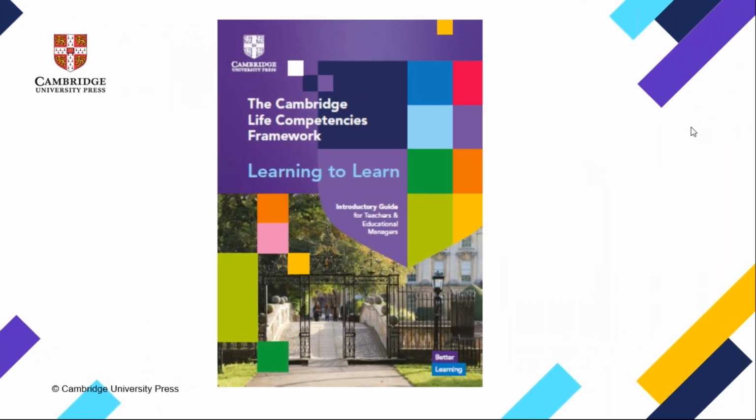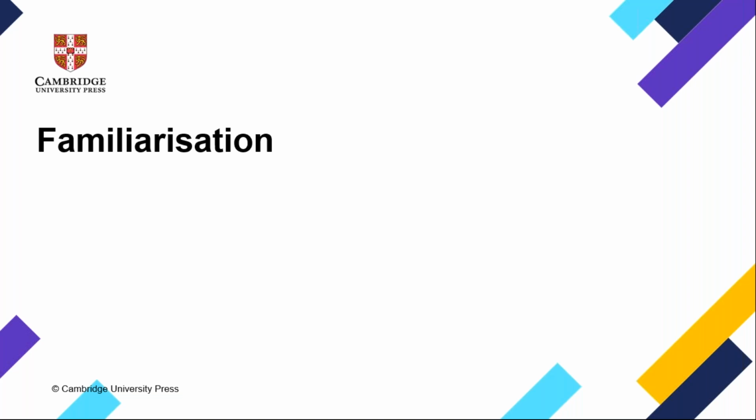So learning to learn, and there are brochures for all the life competencies, like learning to learn, critical thinking, creative thinking, and so on. When we are talking about learning to learn, there are some strategies on how to develop, how to master this competency in children, and it needs to be developed because it will be very important for them in such a fast-changing world.